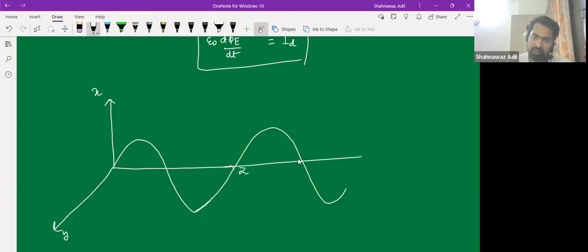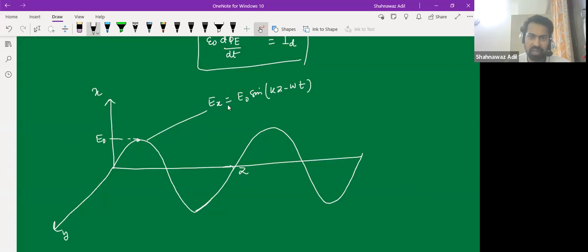right, you have this, so this is your E_x, right? And this peak is E naught. And you know that this is a sinusoidal wave. So this would be E naught sine of (kz minus omega t). So this Z dependency shows that this wave will propagate in Z direction.